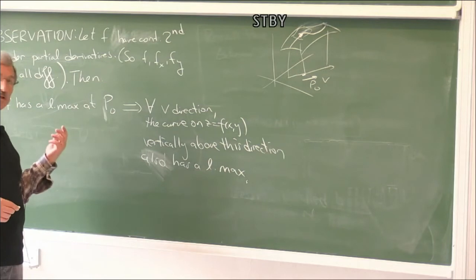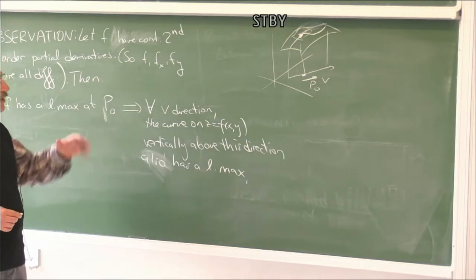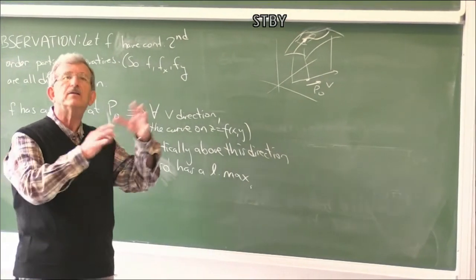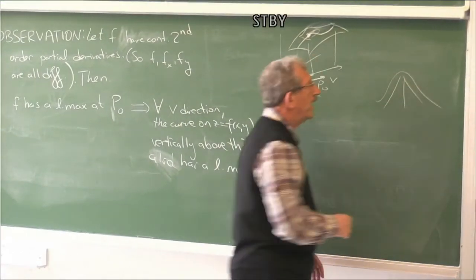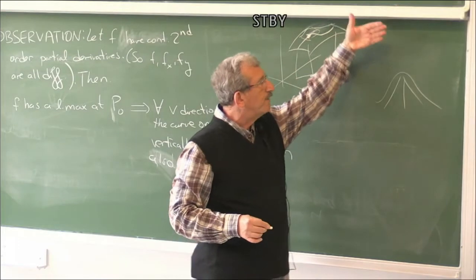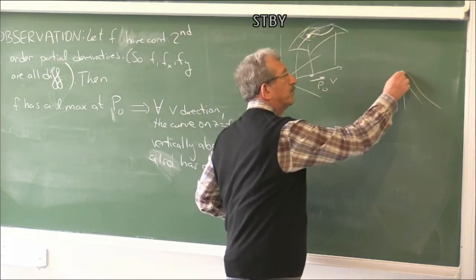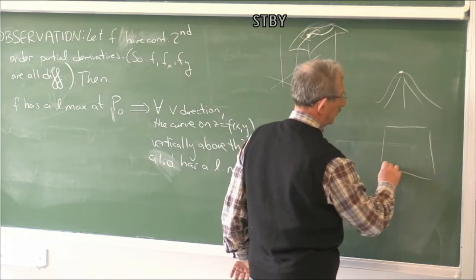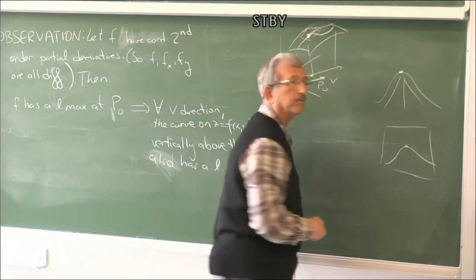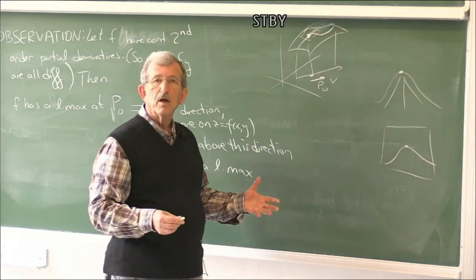But consider the opposite. Suppose we have a surface and we have a hilltop, something like this. And we intersect it with a vertical plane passing through this point. Of course, we get such a curve. It's a local maximum.